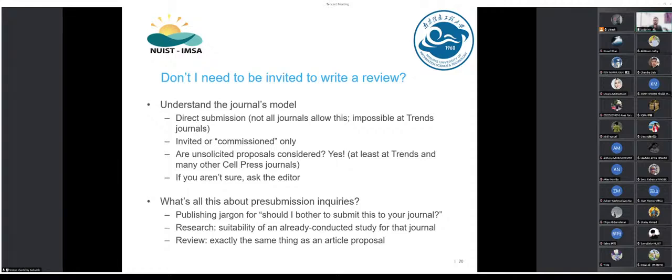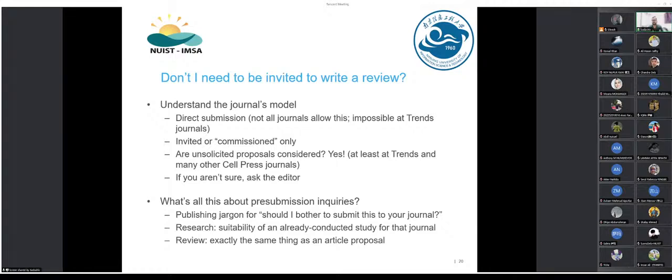Now, when you write the email or when you inquire about the pre-submission from the editor, what key points should you address? In publishing jargon, you should ask: should I bother to submit this proposal or this paper to your journal? You should ask this. And is this research suitable for your journal?